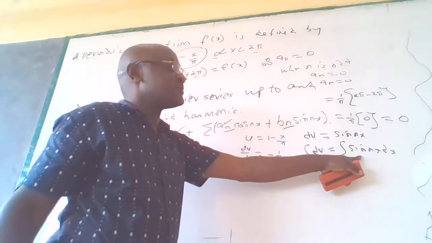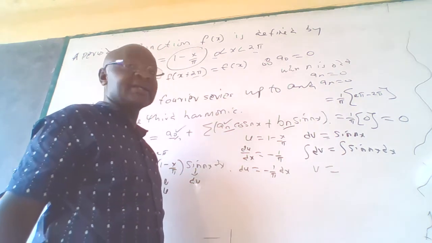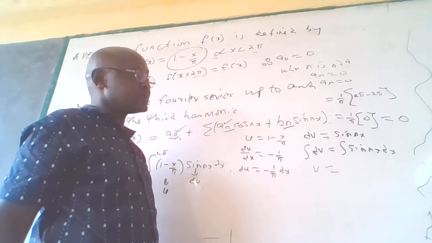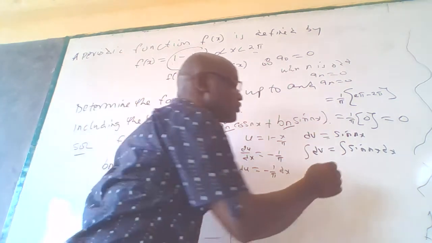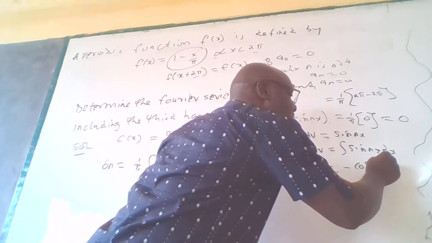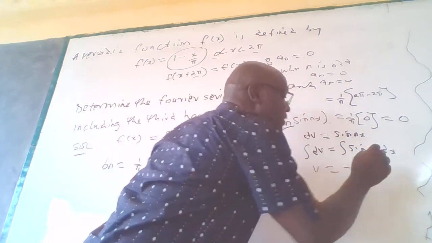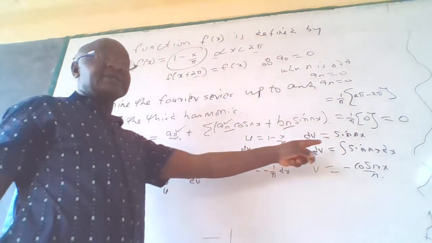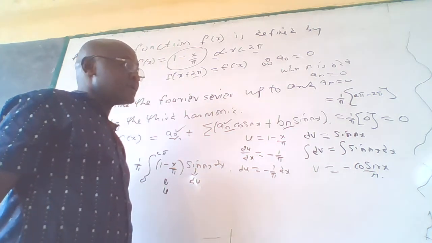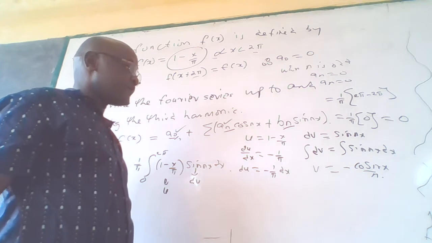When you integrate sine nx, you get negative cos nx all over n.